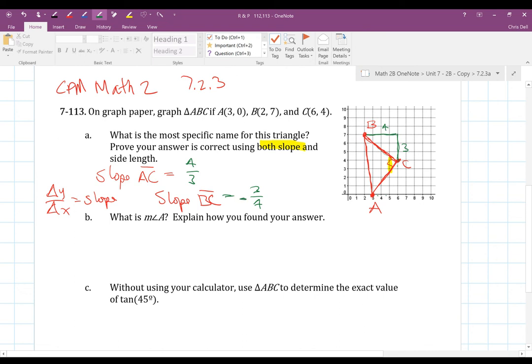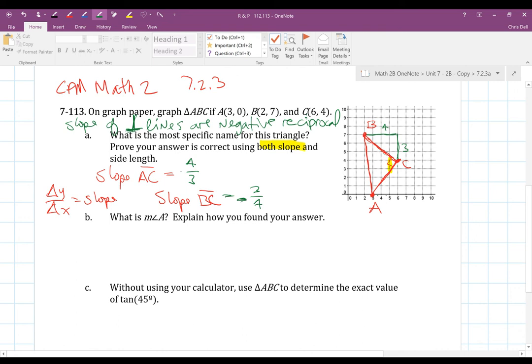Well, if you remember anything about perpendicular lines, right? I'll put my little note here: the slopes of perpendicular lines, that symbol means perpendicular, are negative reciprocals. Okay, so that means they are opposite signs.